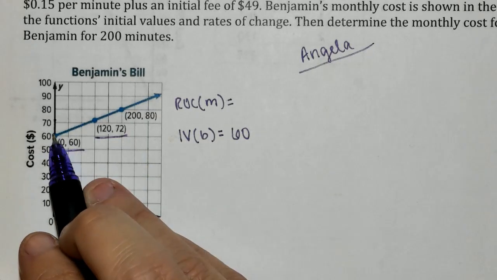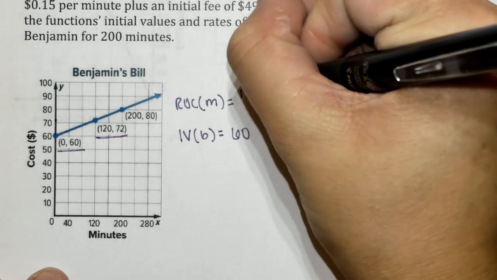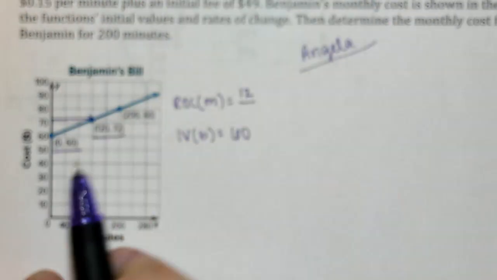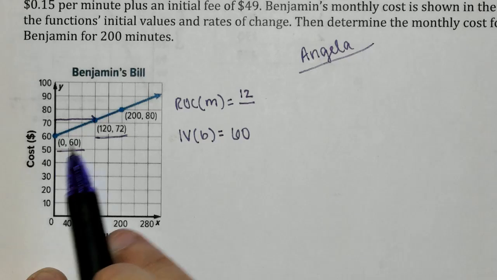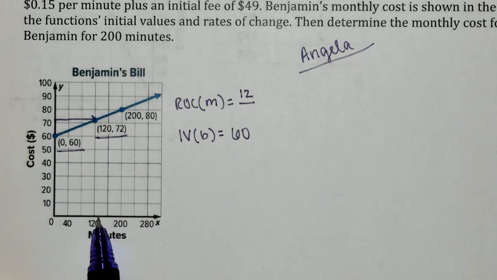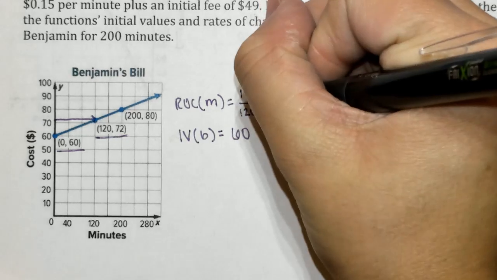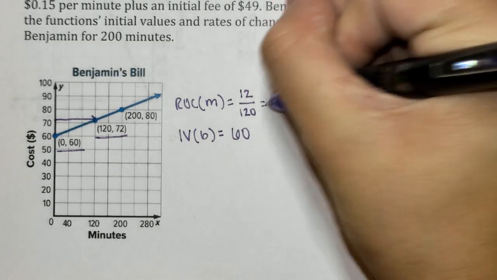So I'm going from 60 to 72, which is a rise of 12. And then my run is here, and I'm going from the 0 to the 120. So 0 to 120, or you can kind of look down here. 0 to 120 is 120.